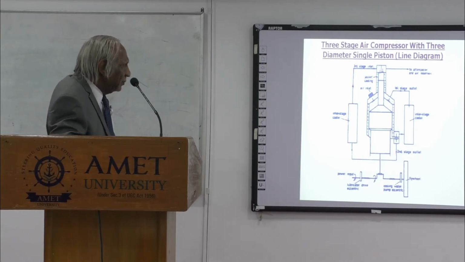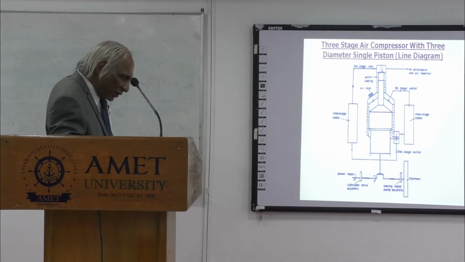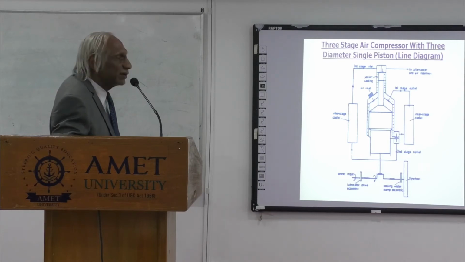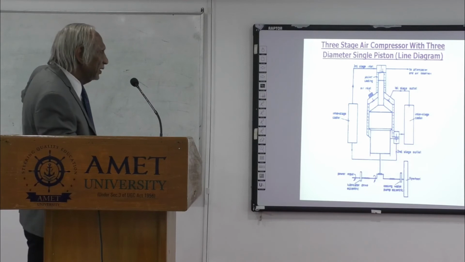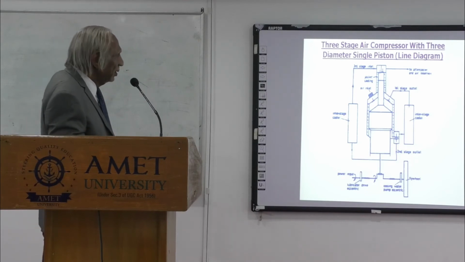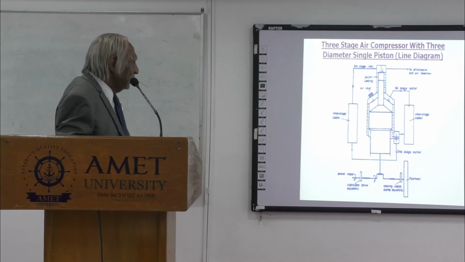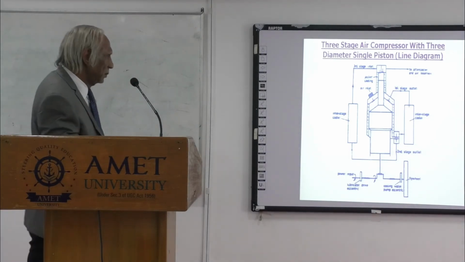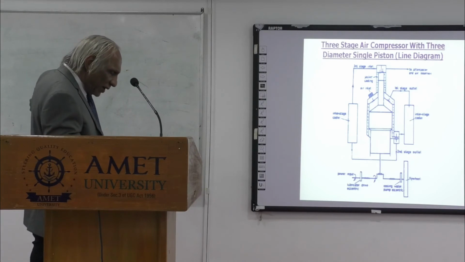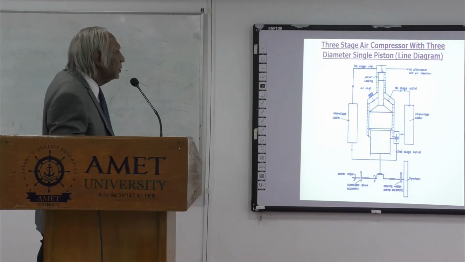Here is another arrangement, a three-stage compressor, again the same tandem arrangement, where a single connecting rod is driving a compound piston consisting of an HP piston, an LP piston, and an intermediate piston. The explanation is similar to the two-stage tandem piston.